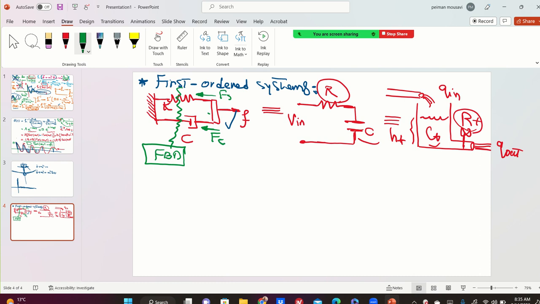Let me say your F of D has this form, for simplicity of teaching, K. This K is the stiffness of this. You can factor out from that. See what I'm saying?